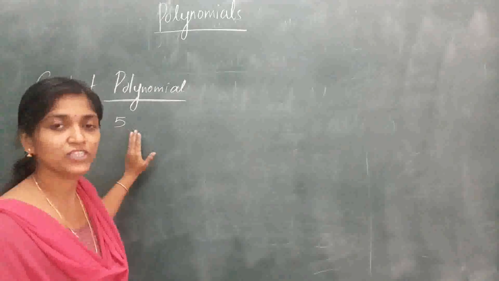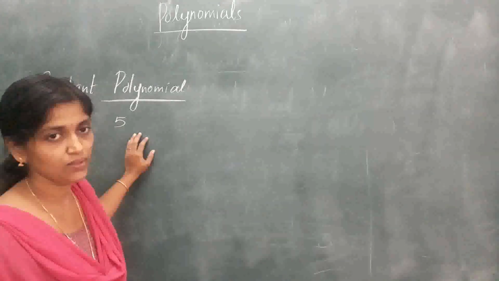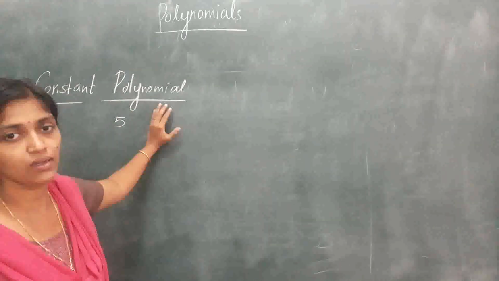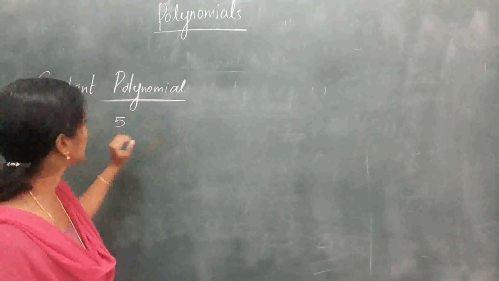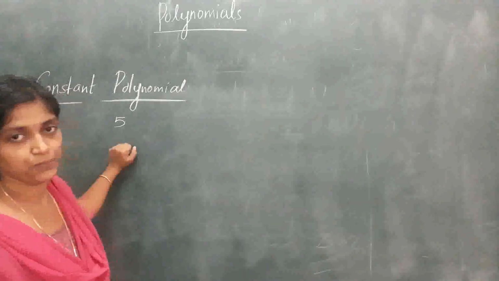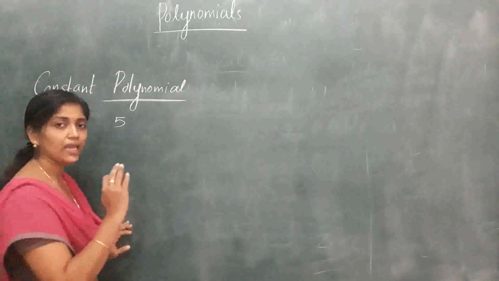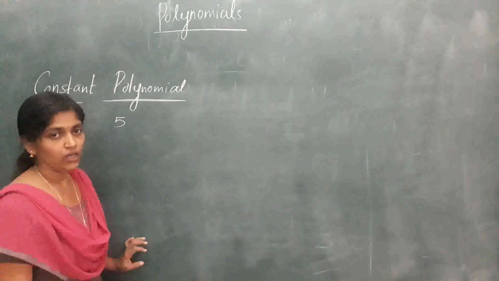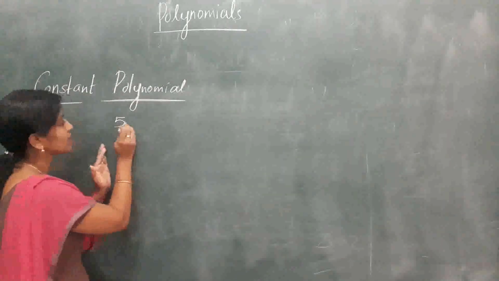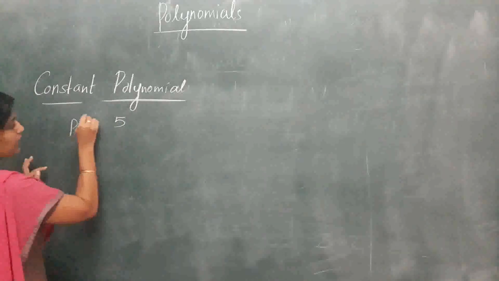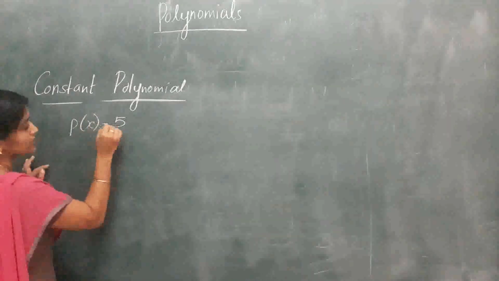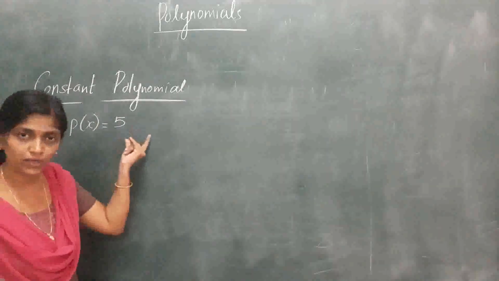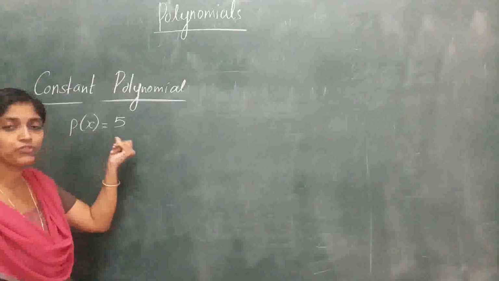Now we have studied the degree of a polynomial. A constant polynomial is a polynomial, so we will see what the degree of this constant polynomial is. We know that any number raised to 0 is 1. Suppose this is a polynomial in x, and I name it p of x is equal to 5. So p of x is a constant polynomial equal to 5.